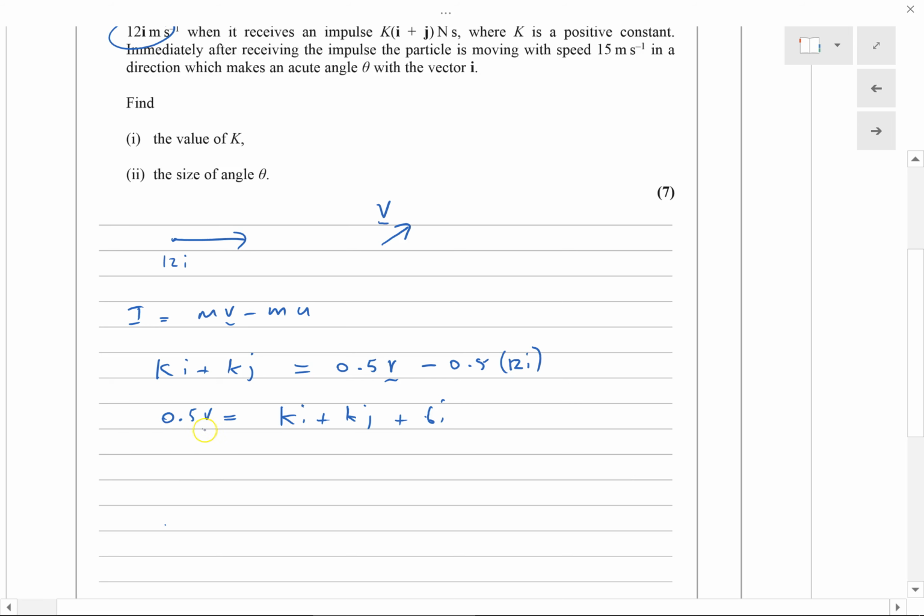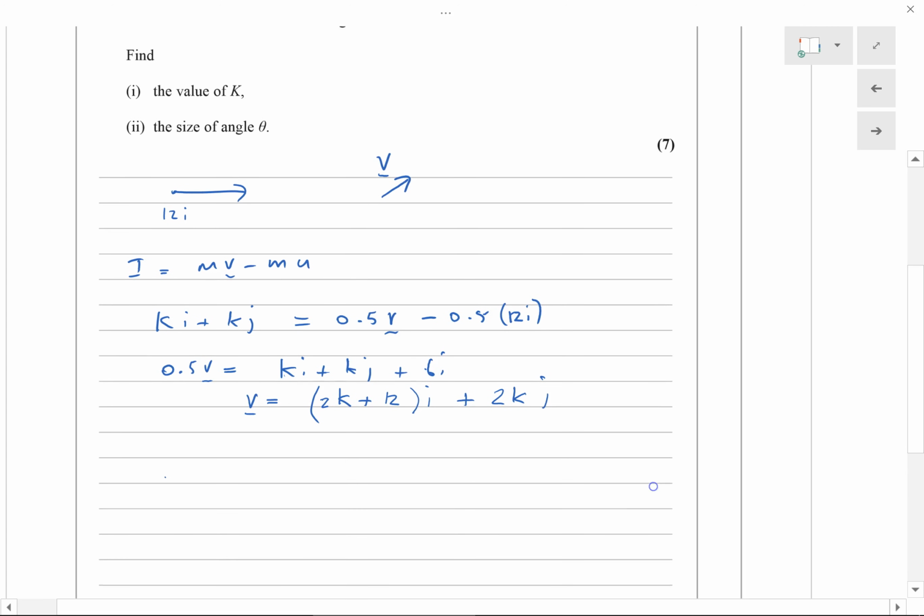If I double that and rearrange, I get v is equal to (2k plus 12) times i, because I'm bringing the k and the 6 together and doubling it, because it would be 2k of course, plus 2k j, rearranging that and tidying it.